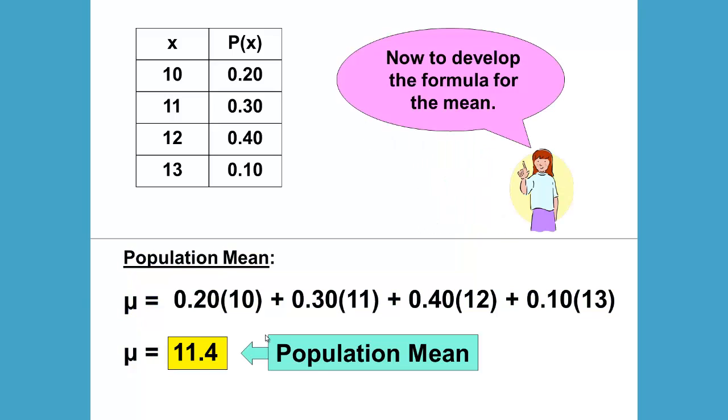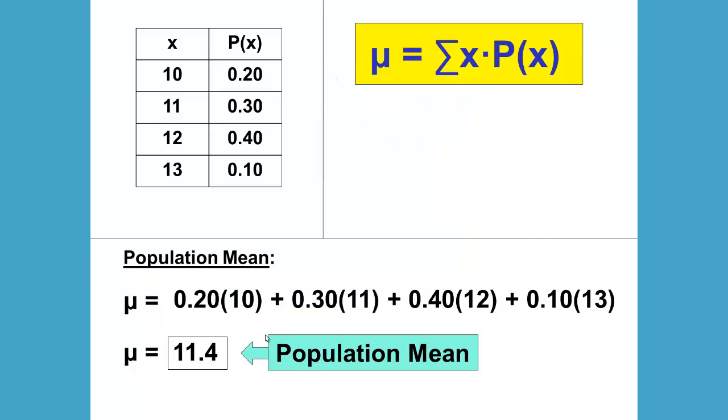Now to develop the formula for the mean. Mu equals the sum of x times P of x. Sigma means to add together.